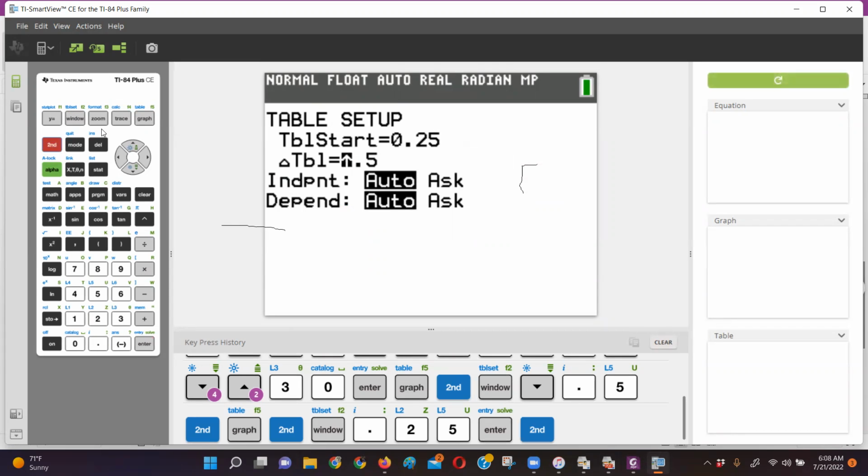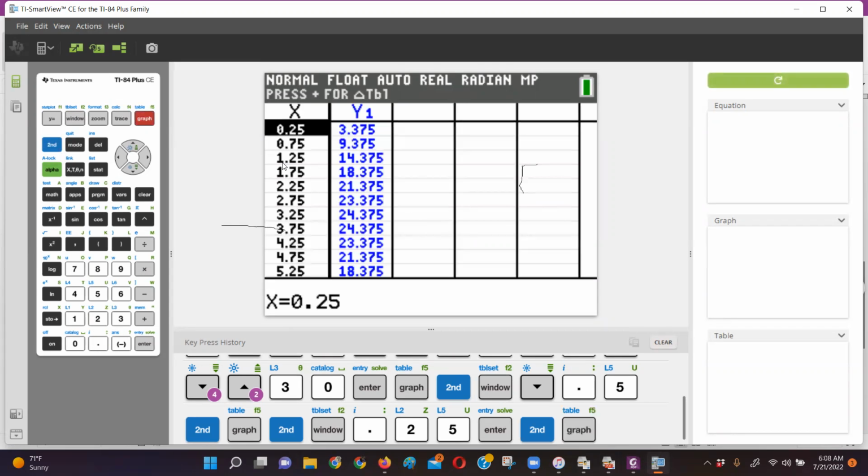So I'm going to do second table, and you see what it did. Those are the numbers I need, and I need to go up to 2.75. So I need to write down these numbers, find the sum of them, multiply by 1/2, and that will be my MRAM approximation.